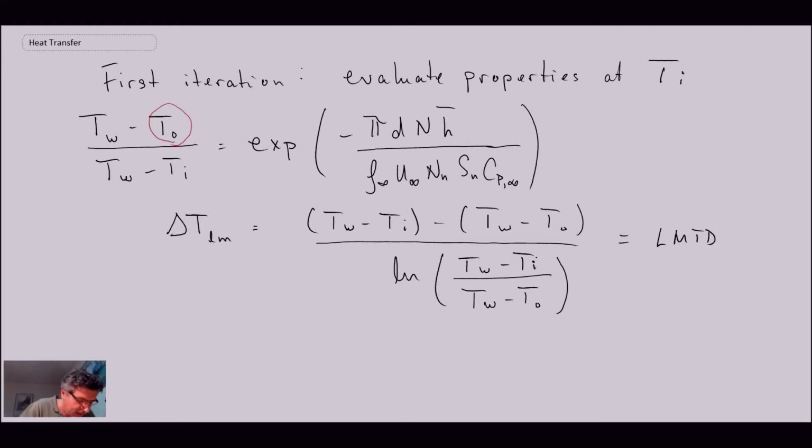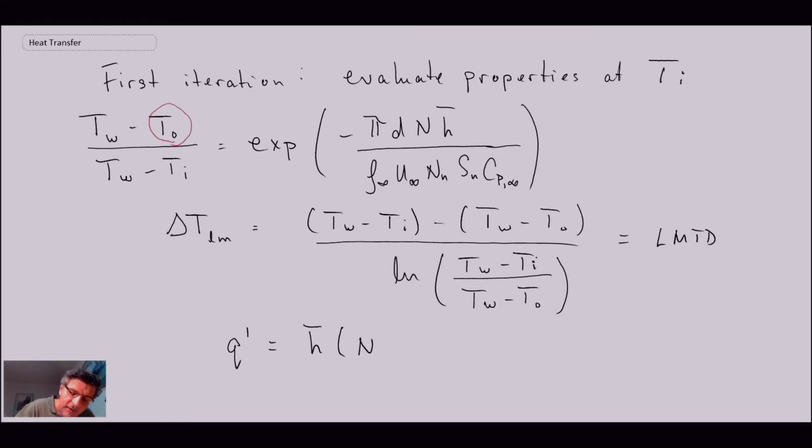But then what we do is we use that to determine the total heat transfer. And so the total heat transfer, I'm going to do heat transfer per unit length, is going to be using Newton's law of cooling, H bar, that is the average convective heat transfer coefficient for the tube bundle, all of the tubes, times the area. Now it's going to be area divided by the length because we're doing heat transfer per unit length.